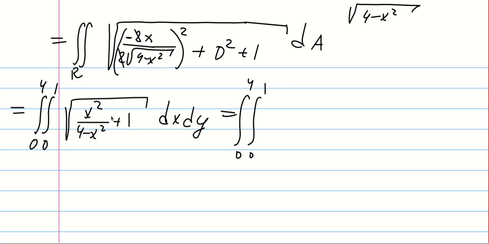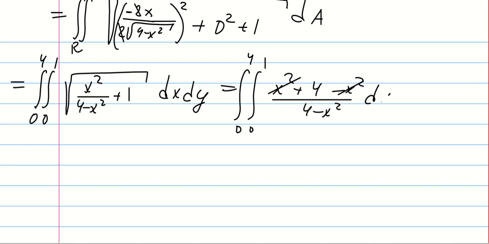So we have x squared plus 4 minus x squared over 4 minus x squared. I think I did it right. dx dy.